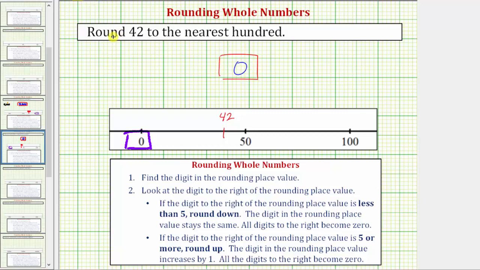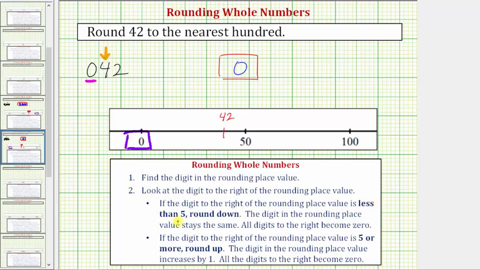Using our formal rules for rounding, if we begin with 42, notice how we're asked to find the digit in the rounding place value, which is the hundreds place value. Notice how we don't have a digit in the rounding place value, but we could include a 0 without changing the value of the given number. So we have a 0 in the rounding place value, and now we locate the digit to the right, which would be the 4 in the tens place value.